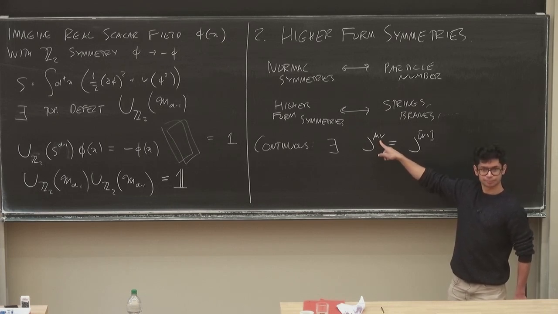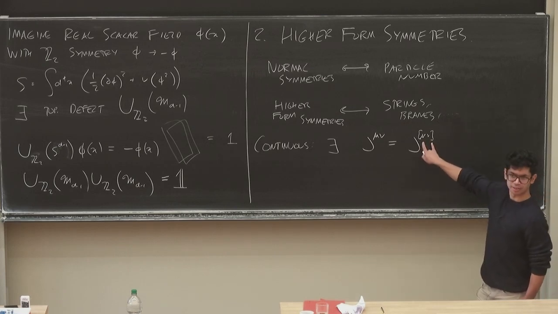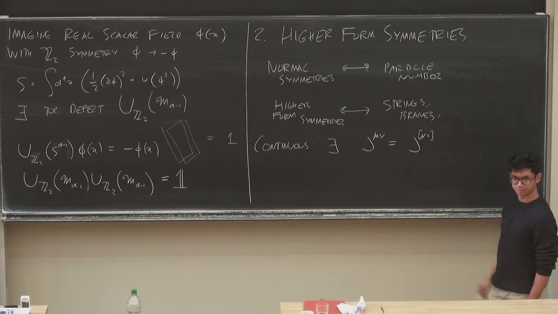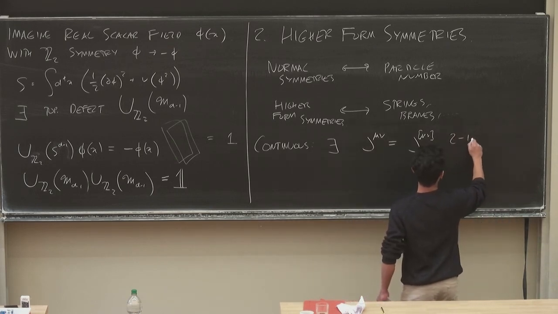This means antisymmetrized, these brackets. So J mu nu is a two-index conserved current.